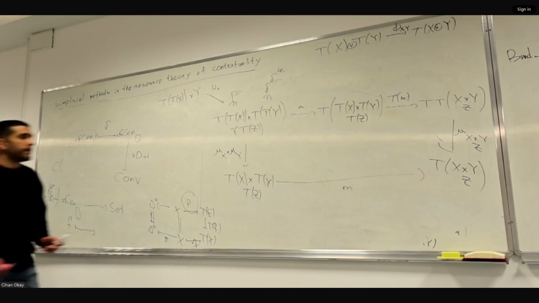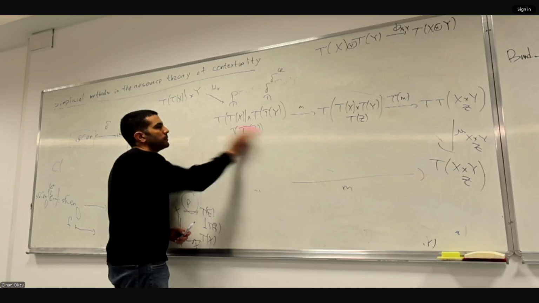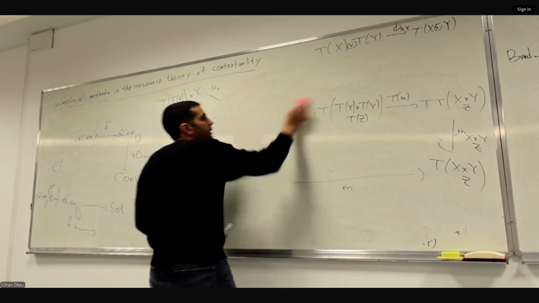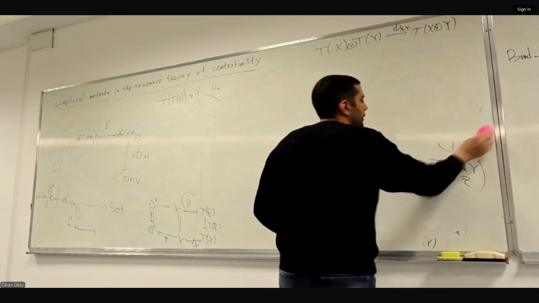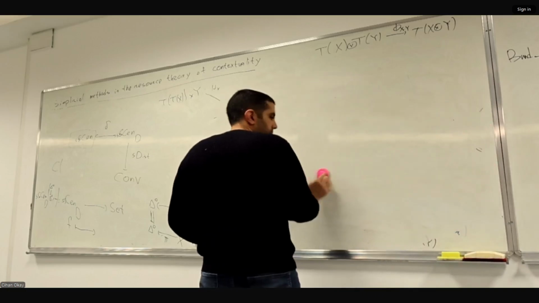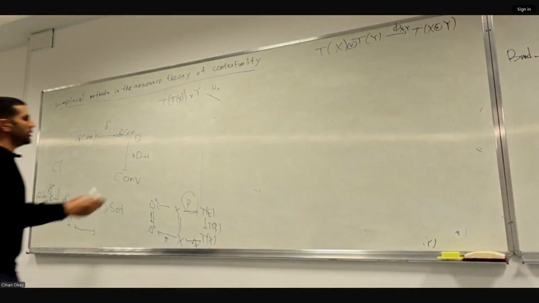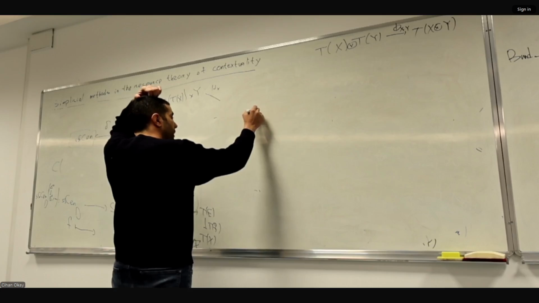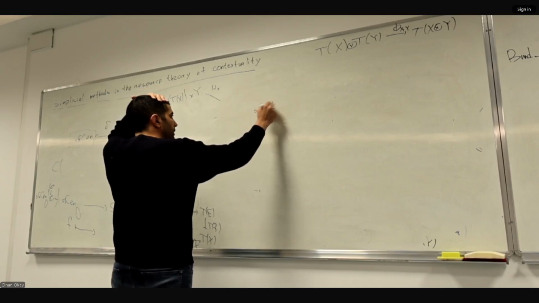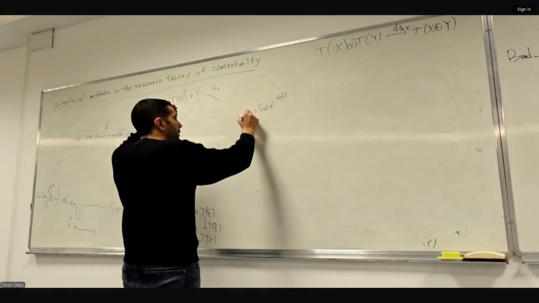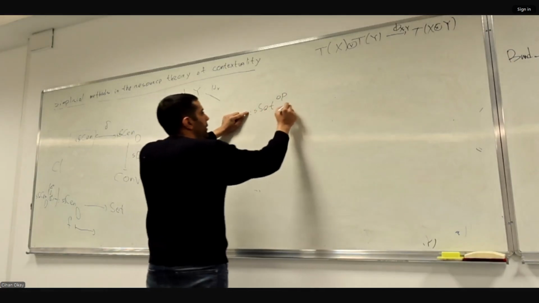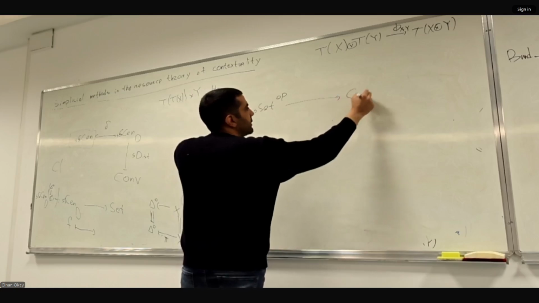We can take, in fact, we have a map. We define a functor, sorry, the bundle one from here to categories, right?